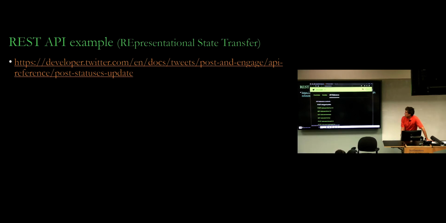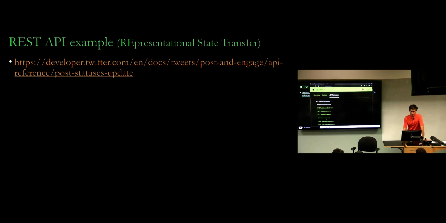Like you can post a new status update, which is to say tweet. You can read other tweets, which they call statuses, and you can retweet and so forth. And each one of those actions is mapped into a combination of an HTTP verb, post or get usually, and then a URL. And usually the name of the URL gives you some information about what it does. That's kind of like the method name in a library.